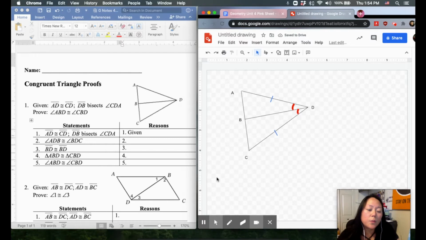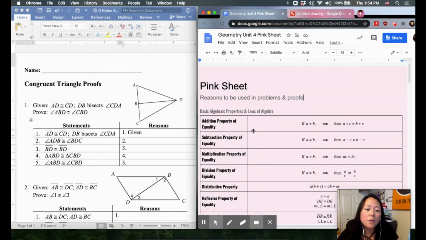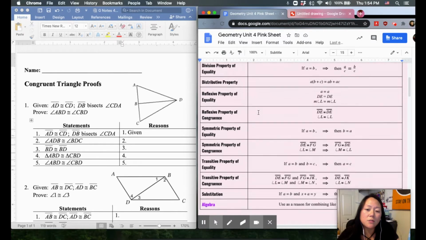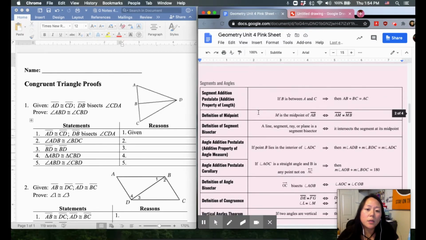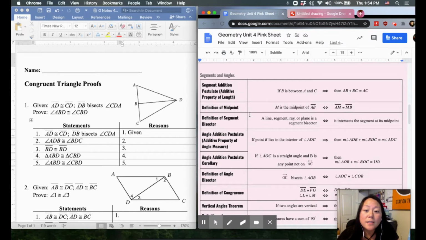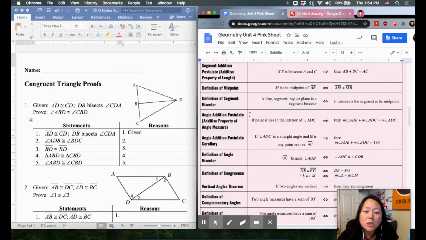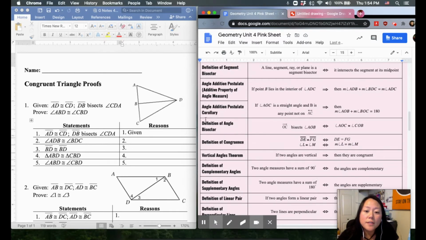And we know that because, let's just reference our pink sheet here. Now, the first page is basic algebraic properties and laws of algebra. It's probably not where we want to look. Segments and angles, maybe that's what we want. Now, we do have in our given statement something about bisecting an angle. So I'm going to look for angle bisector. So definition of angle bisector right here.